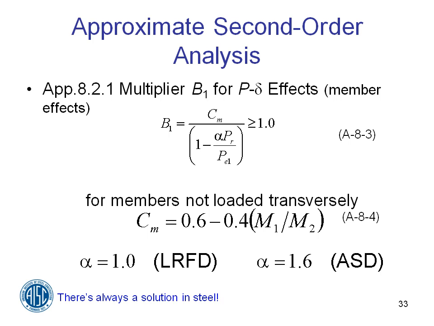Now, alpha is 1 for LRFD and 1.6 for ASD, and I mentioned this a little bit earlier, and we're going to still put that off for a while.